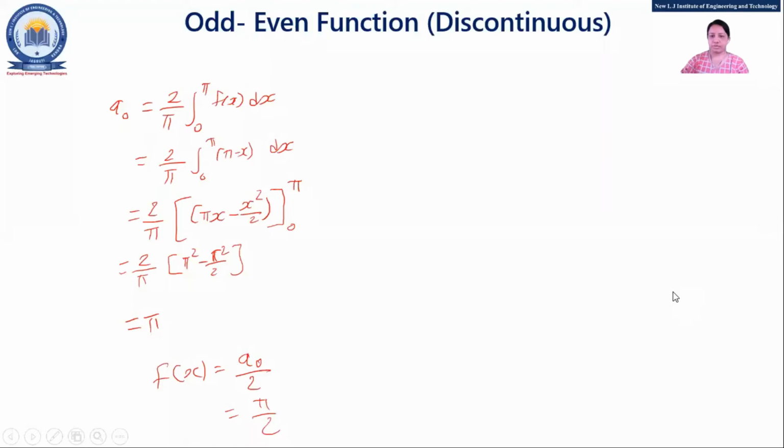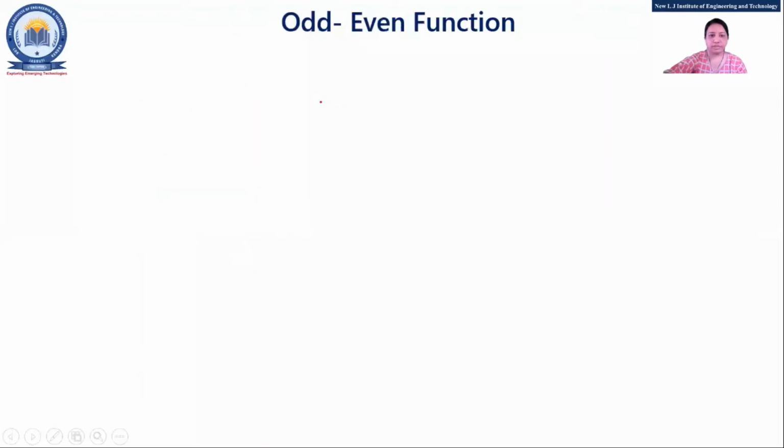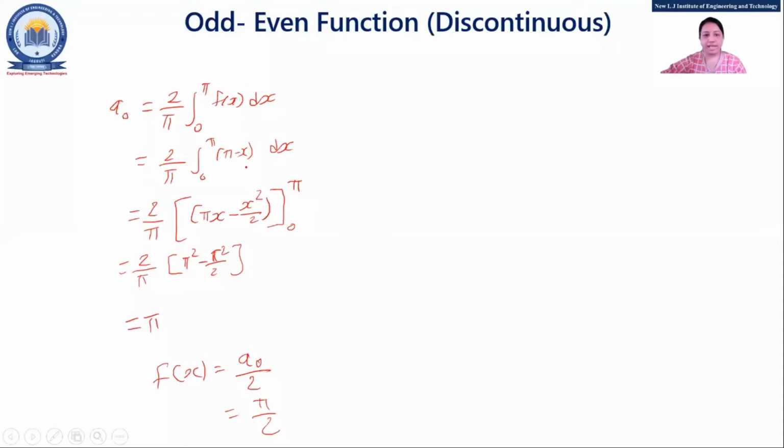Okay, fine, so the answer is a0 equal to pi. Now an. What should be an here? an equal to, what is the equation of an? 2 upon pi, 0 to pi, f(x).